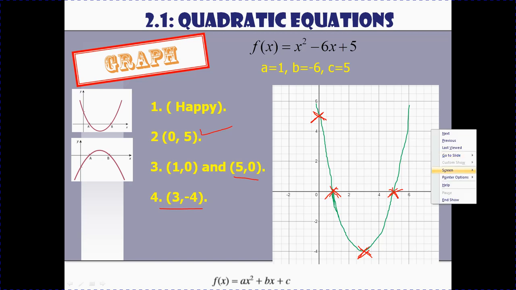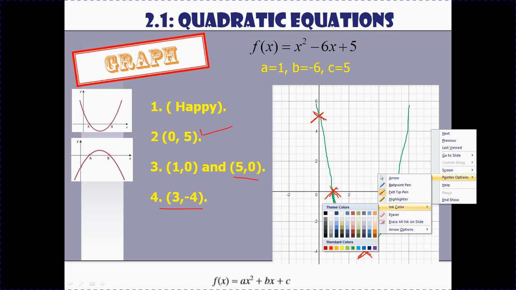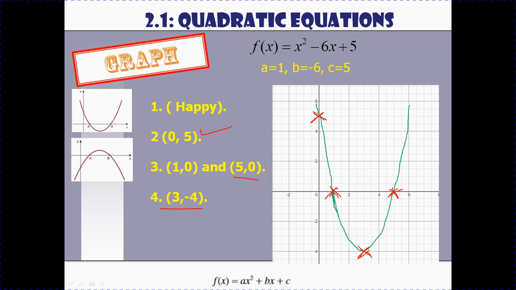Let me just change the color to green. Okay, you can just draw like this, and go down like this. You have to use your pencil in order to get a curve, not a straight line.